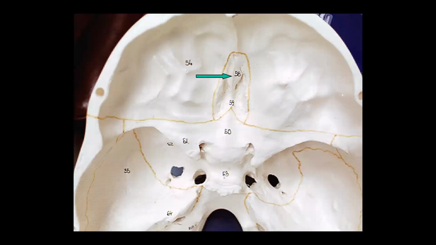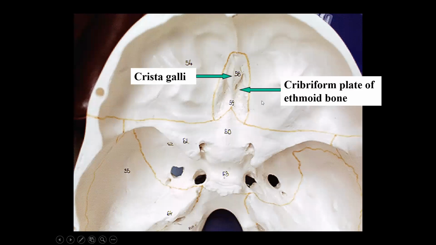And here we see the crista galli, that's the very tip of the ethmoid bone right there at 58. 59, all these structures here, that is the cribriform plate of the ethmoid bone. This is still the ethmoid bone. And if you look very carefully, you can almost imagine the perforations there where the branches of the olfactory nerve are coming up.